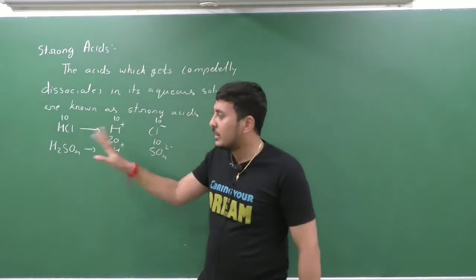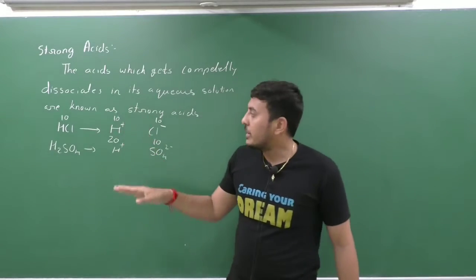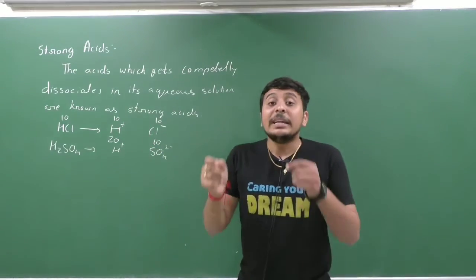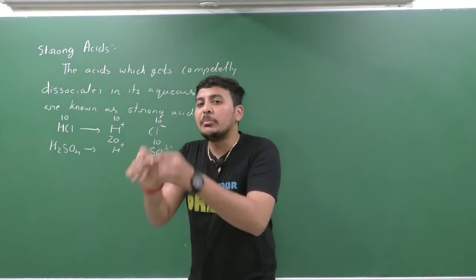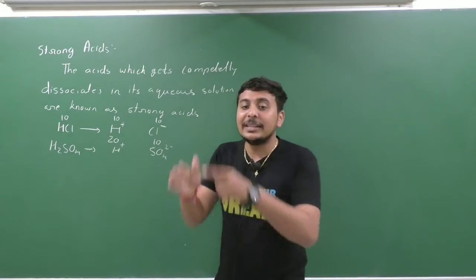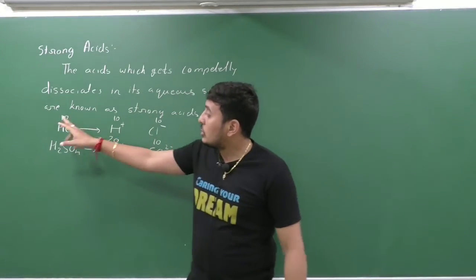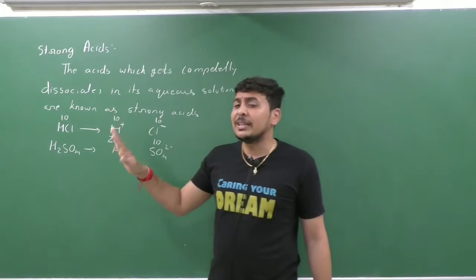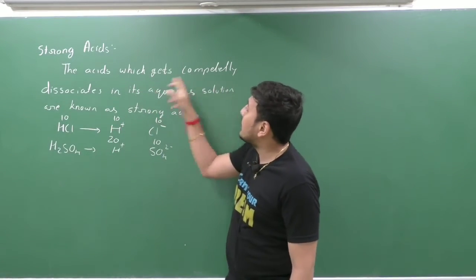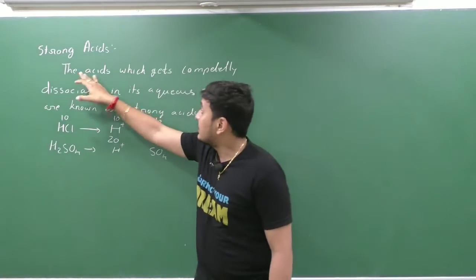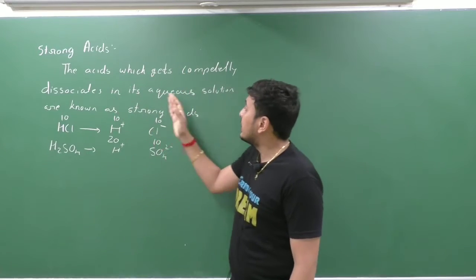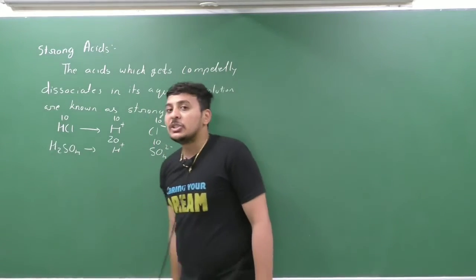If you are adding 20 HCl, then 20 HCl will be divided into H plus and Cl minus. It means the total number of acids gets ionized, gets dissociate. So total amount of acid gets dissociate. It is known as completely dissociates. The acids which get completely dissociated in its aqueous solution are known as strong acids.